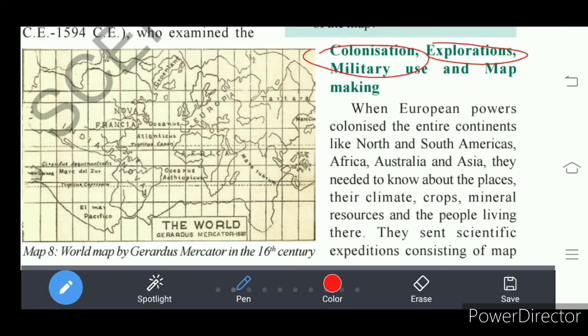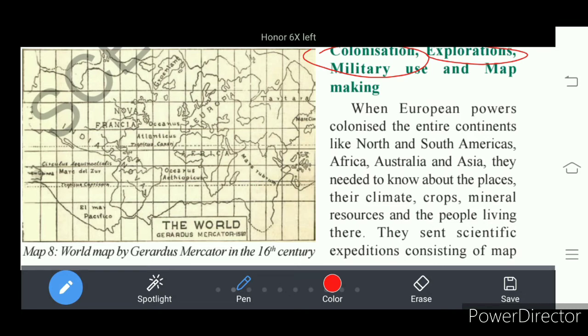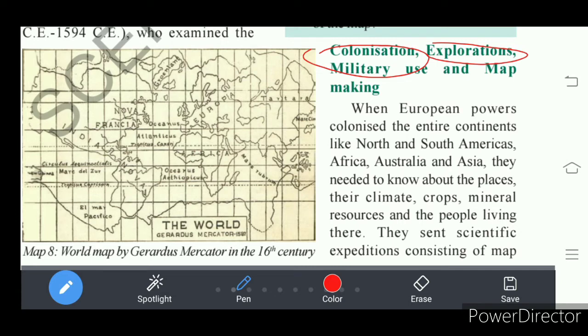So for all these things, for colonization, for exploration, what is needed? A map is needed. So they prepared maps instead.